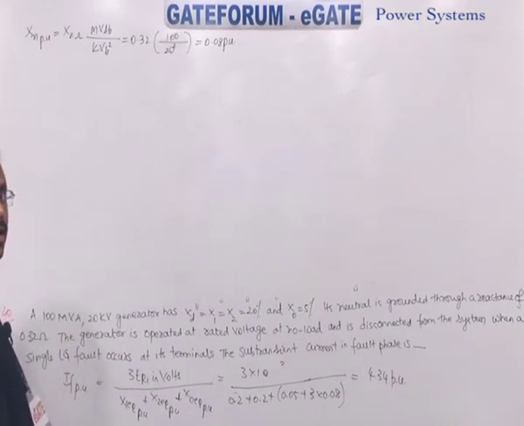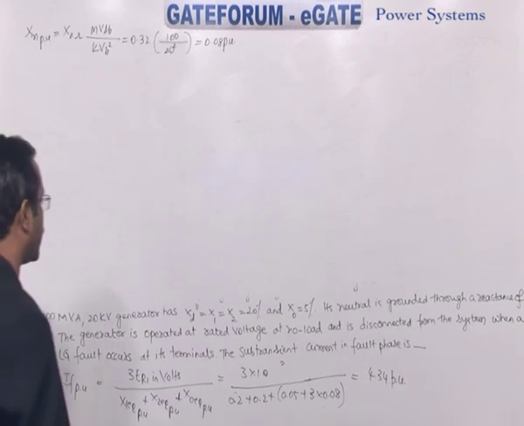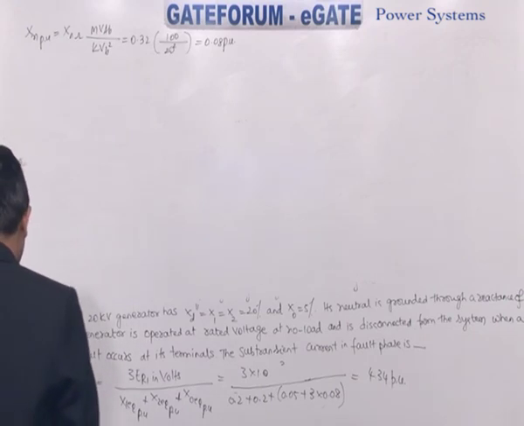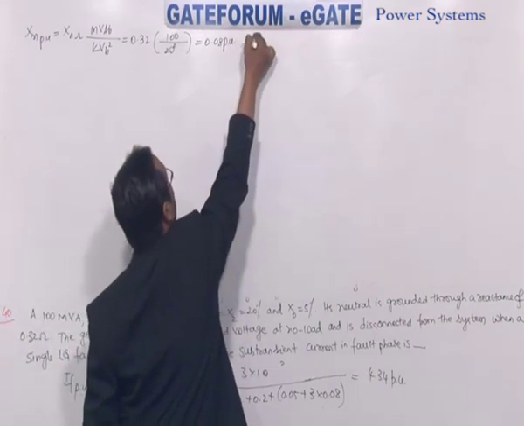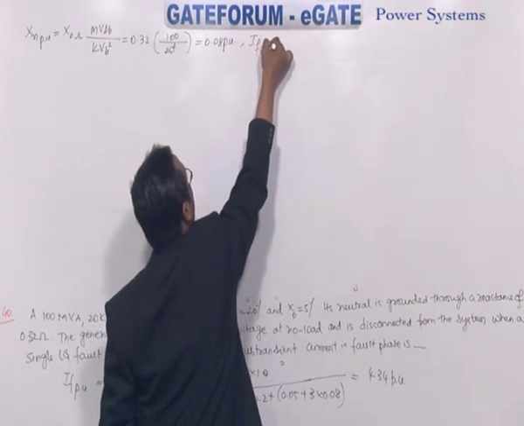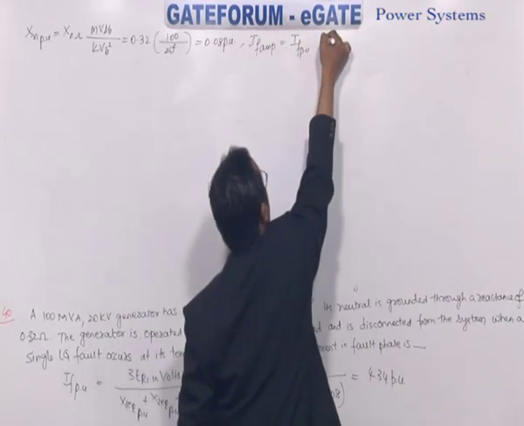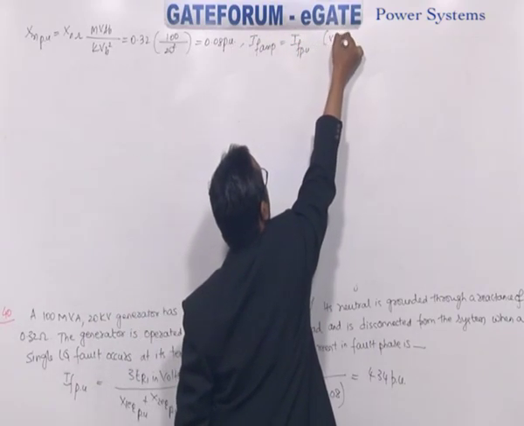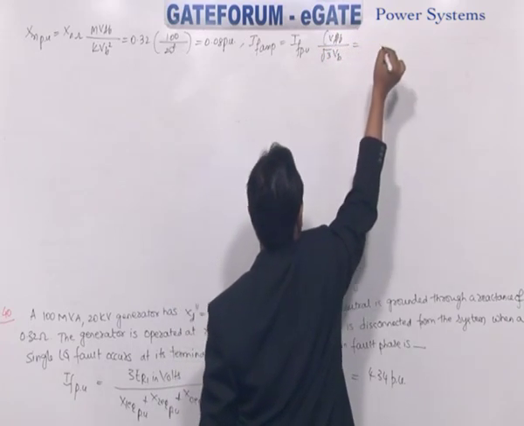So this is the fault current in per unit. Now how do we find the subtransient current in the fault phase in amperes? Fault current in amperes is fault current in per unit times base volt ampere divided by √3 times base voltage.